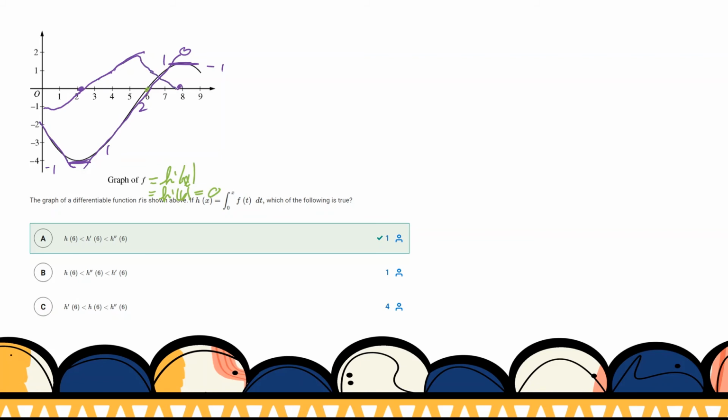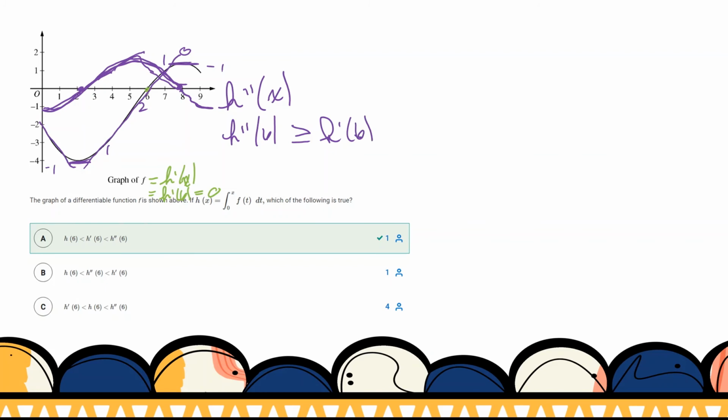By here, it reaches 0. So this is the graph of the derivative of the function. Here it reaches 0, and then here we see it's negative again. So this is h double prime of x. And at this point, we see that h double prime of 6 is greater than the first derivative at the point 6.